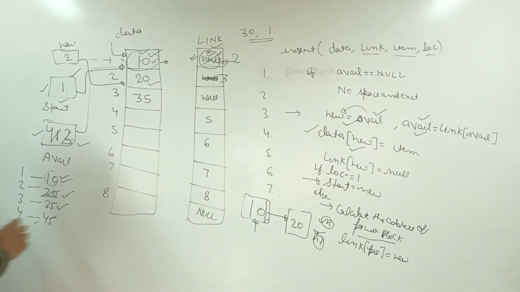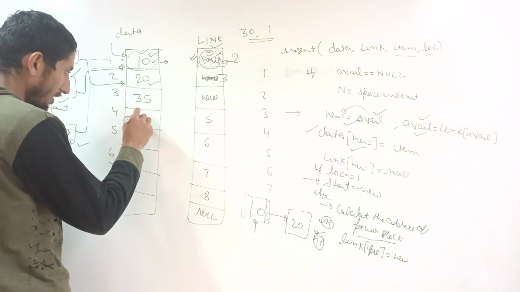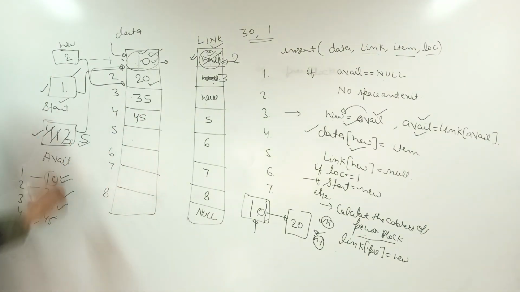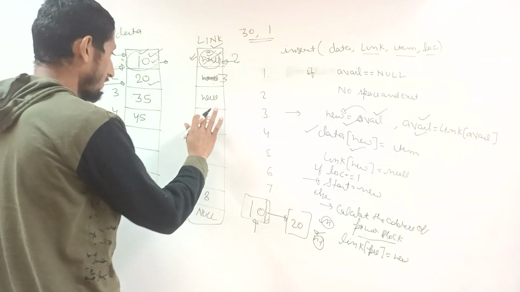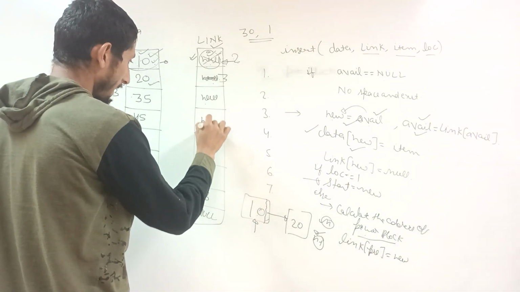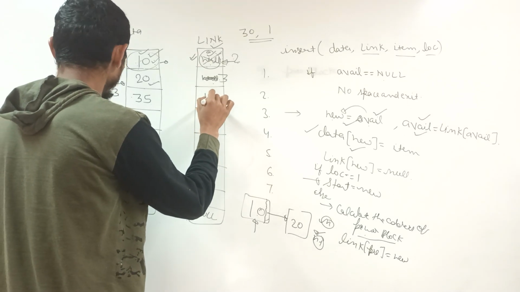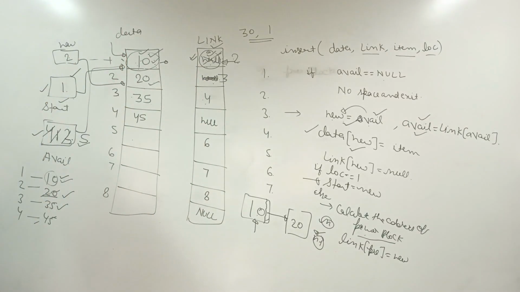Okay, let me write 45 in a similar manner. I can write 45. So I will update this one, it becomes 5, the next available block, and here we have null. So we have inserted 10, 20, 35 and 45.